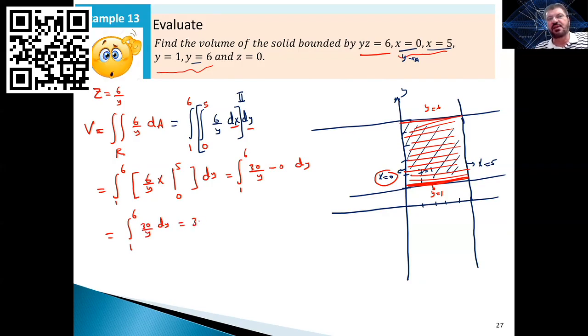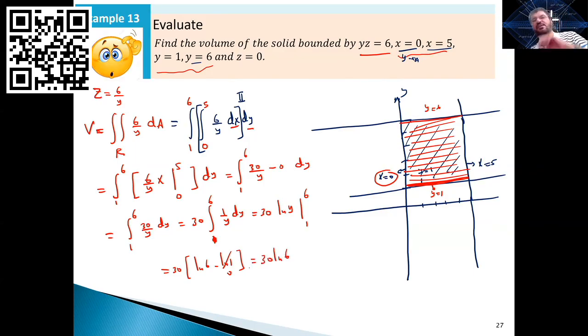We can take the 30 out and just 1 to 6 of 1 over y dy. We know that the integration of 1 over y is ln y from 1 to 6, which is equal to 30 times ln 6 minus ln 1. ln 1 is 0. So the final answer is 30 ln 6.